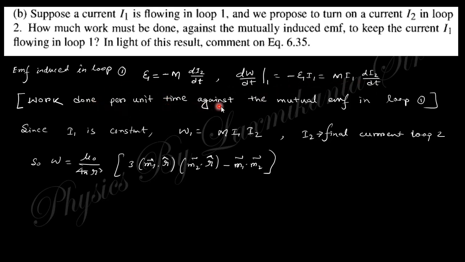This is the work done per unit time against the mutual EMF, right? When I2 is constant, you need to keep I1 flowing constant. So this will be W equals M I1 I2, right? If you put this value of M, you will get this work done value like that.